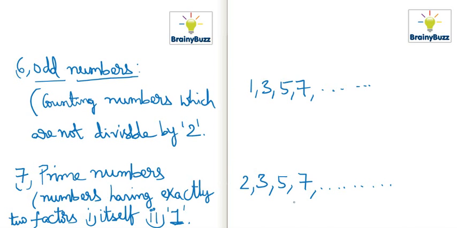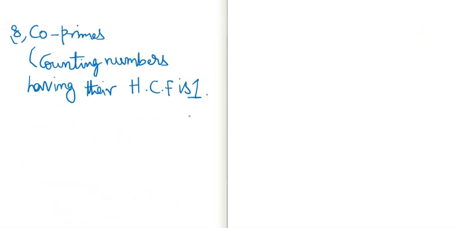Next, eighth one, coprimes. Counting numbers having their HCF as 1 are known as coprimes.